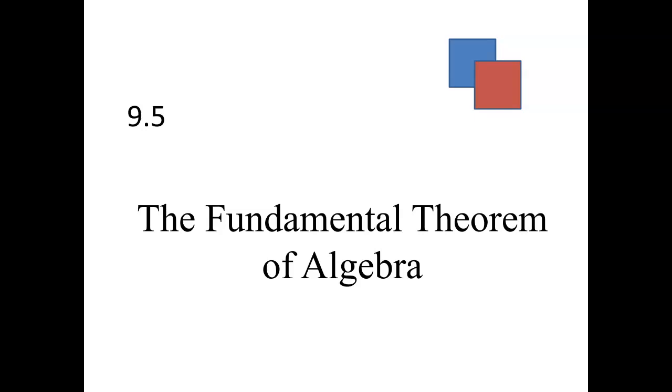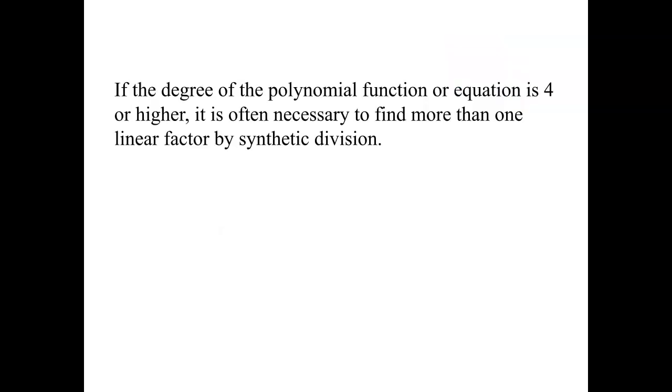Alright, so we are doing 9.5, which is just a continuation of 9.4, except instead of having third power, now we have fourth power. Once we reach degree of 4 or higher on a polynomial, that synthetic division step we do in the beginning, we have to do more times, because our goal is to get to a quadratic.